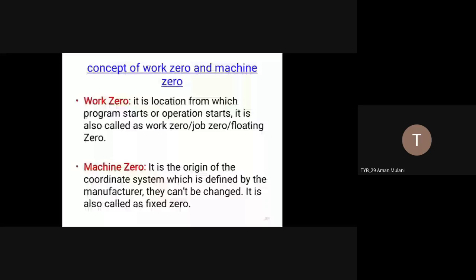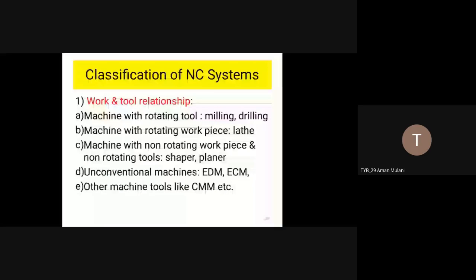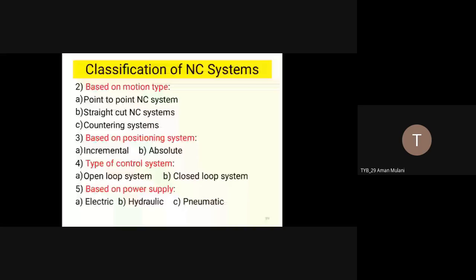so an important part is the classification of the NC system according to different categories. Already we have discussed the motion type, positioning system, and control system. For our syllabus we are only dealing with points number 2, 3, and 4.